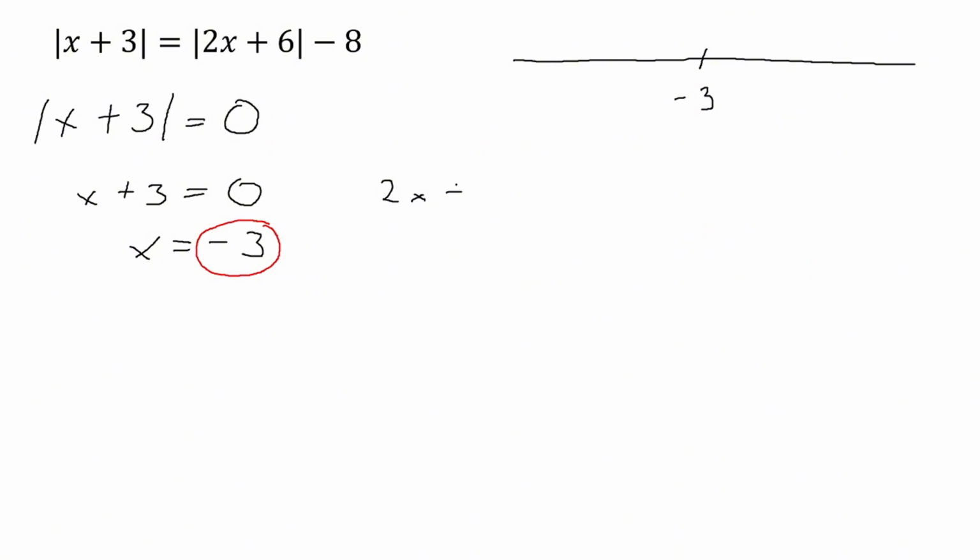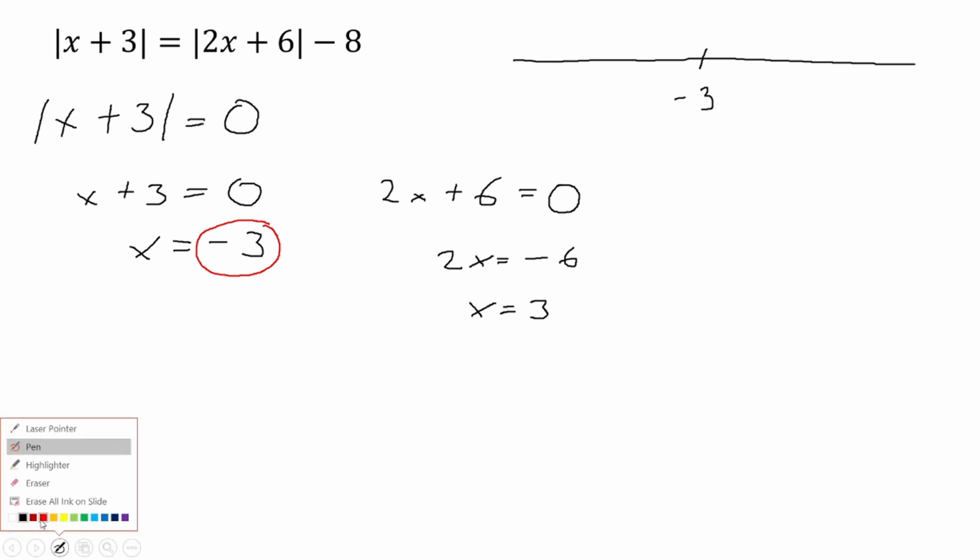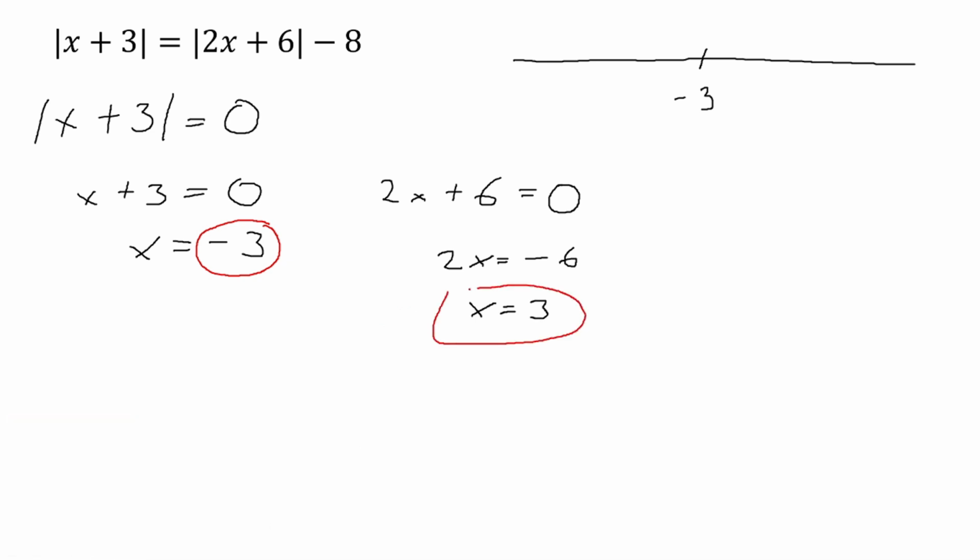2x plus 6 is equal to 0. So that would be 2x equals negative 6, and x would equal negative 3. So in this case, we will have only two intervals, since x in both cases equaled, sorry, not 3, guys, negative 3.